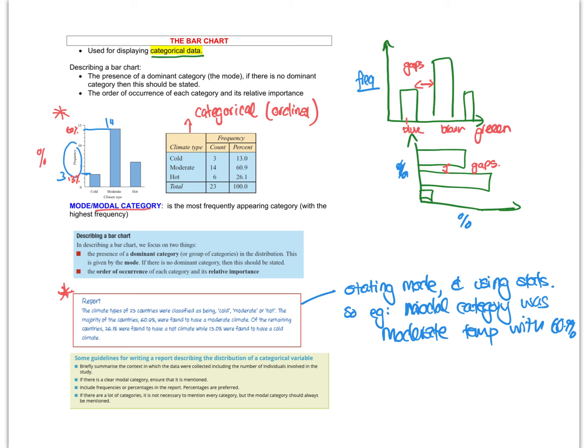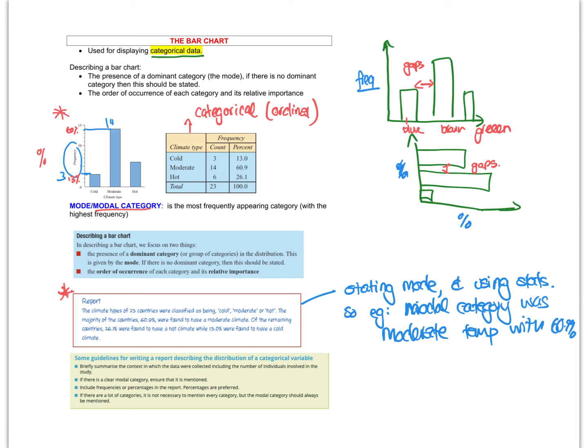So there's me using a stat, okay? You then might say what follows or what's the lowest, but that's what we're looking for, that you're stating the dominant one, and you're also using a stat to back that up.